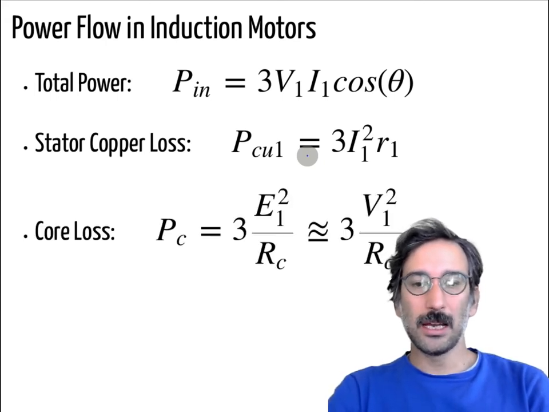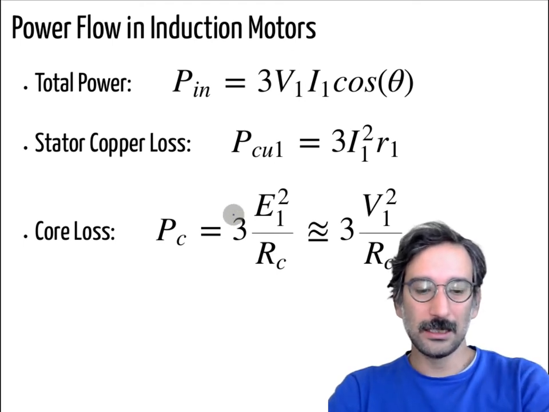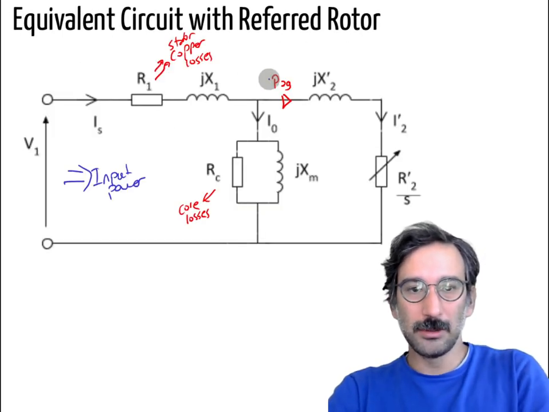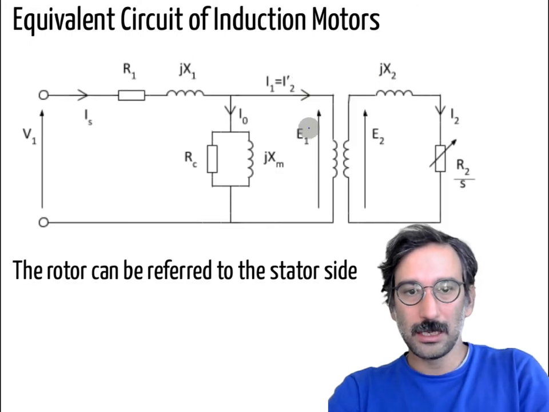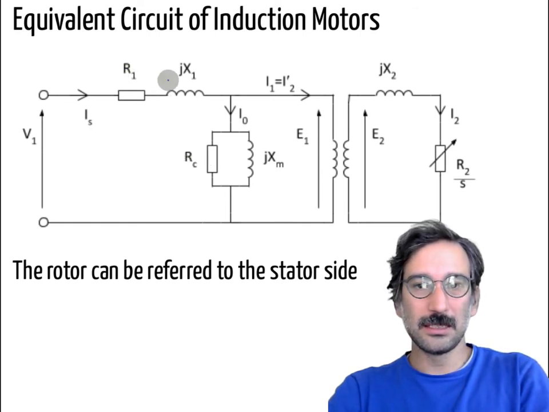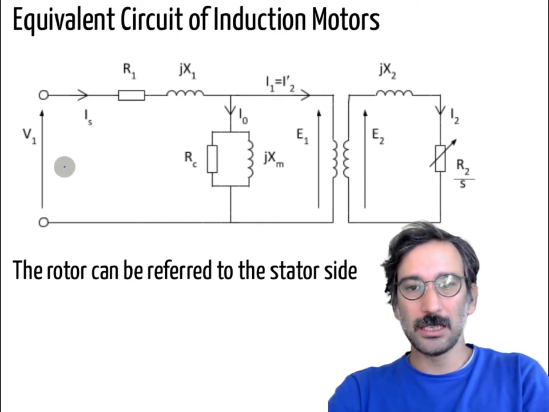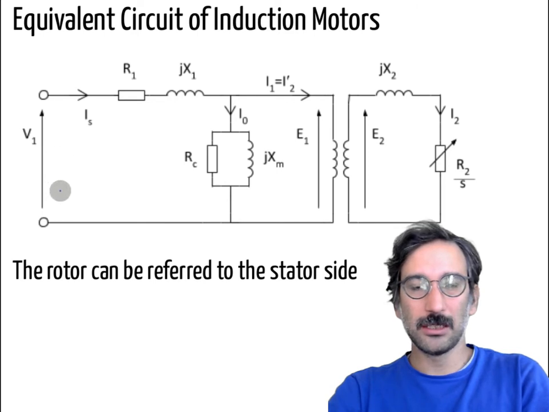Then I have the core losses. Technically, the core losses are equal to E1 squared divided by Rc, the power dissipated here. But since those components are small and the voltage drop here can be ignored, we can move that parallel branch to the primary terminals.